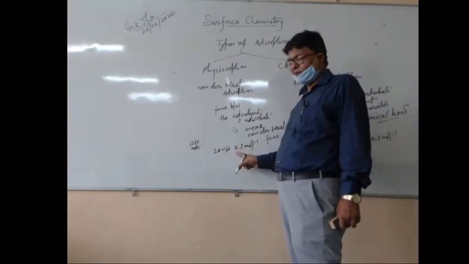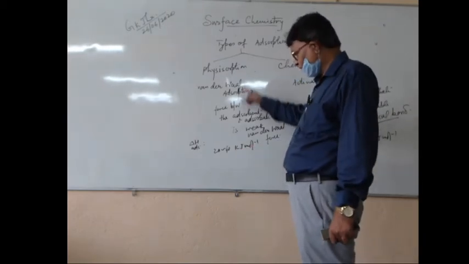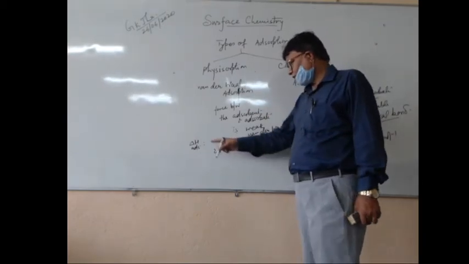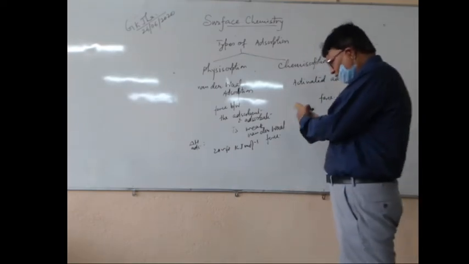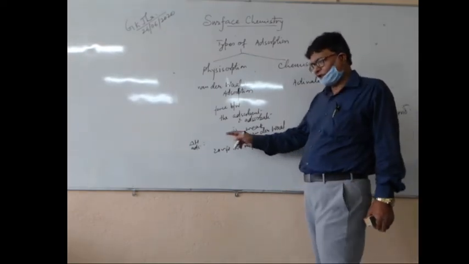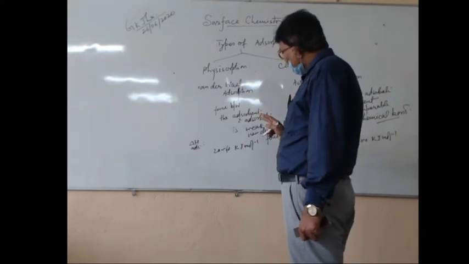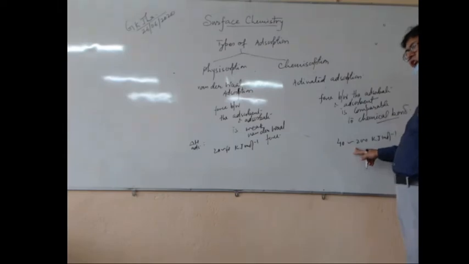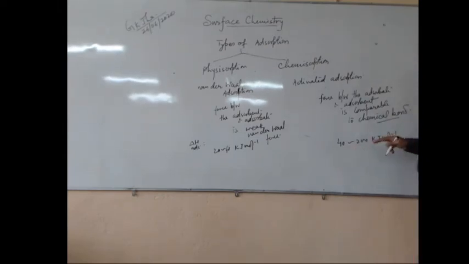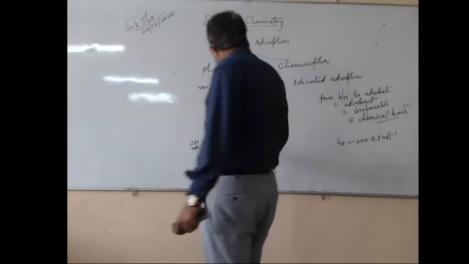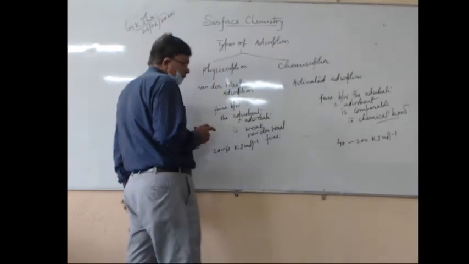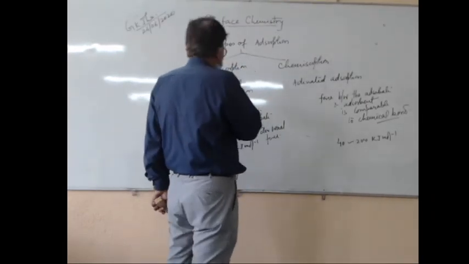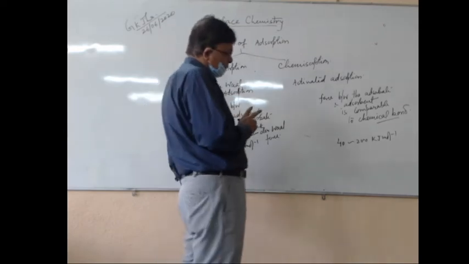The force of attraction between the adsorbate and adsorbent molecules for physisorption is very weak. Therefore, a small amount of heat energy is released to stabilize the system. So physisorption is a less stable process, and chemisorption is a more stable process. A larger amount of heat energy is released, and delta H adsorption is higher in case of chemisorption. These are some important differences between physisorption and chemisorption.